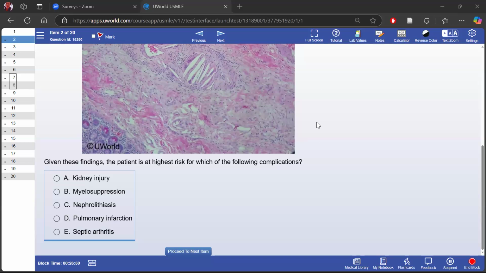For those that attempted it, I see there's option D. 2 persons picked option D, and 1 person picked option A. If one of the people that picked option D, if you don't mind, can you unmute yourself and tell us why you're going with D? Should be interesting.